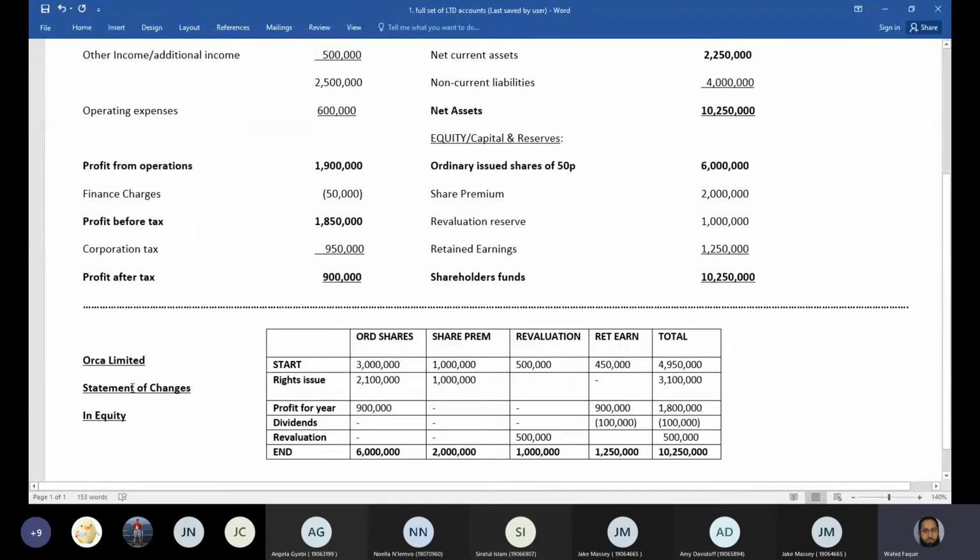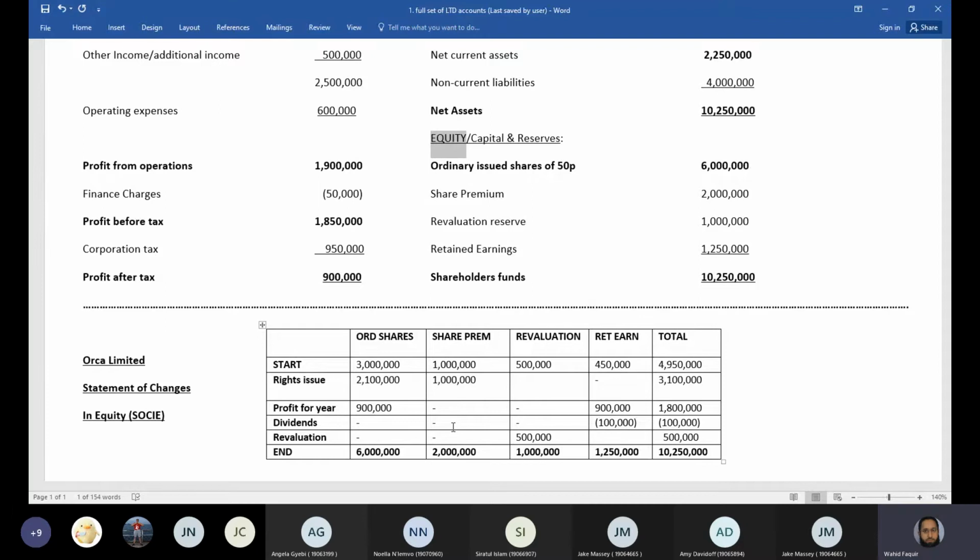This is a statement of changes in equity, fondly known to students as the SOCI. Statement of changes in equity. Interesting, frightening, but is it? Well, this is the equity section, and we're saying this document, it would be on a full page, imagine, is showing the changes in equity.